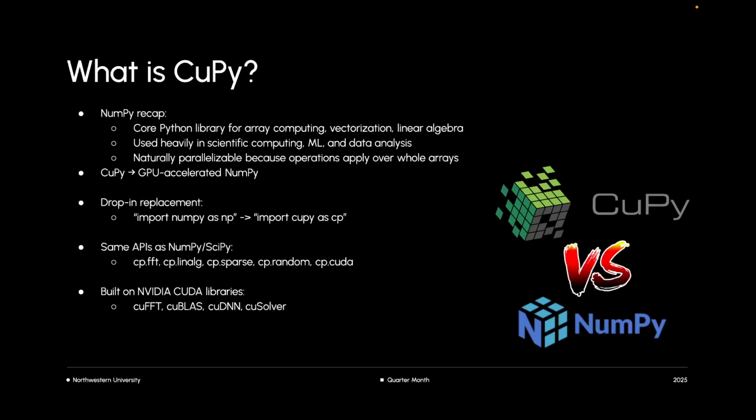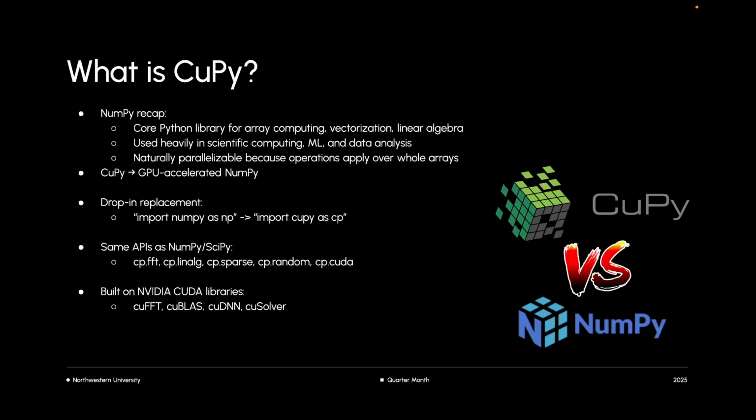And pretty much every field that uses Python, whether it be data science, physics, or machine learning, and various others, often relies on NumPy because it lets us operate on arrays all at once instead of writing slow Python loops and operating manually with Python lists, which, as you know, can be pretty inefficient. And because NumPy operations often apply the same computation over large blocks of data, such as arrays, matrices, and higher order matrices, they're naturally very parallelizable a lot of the time.